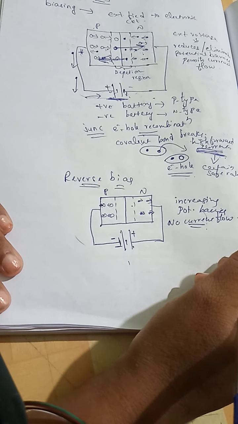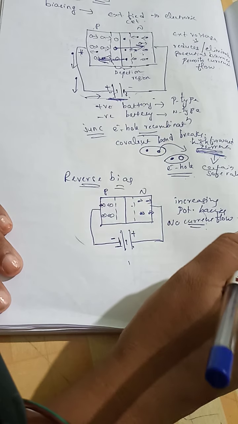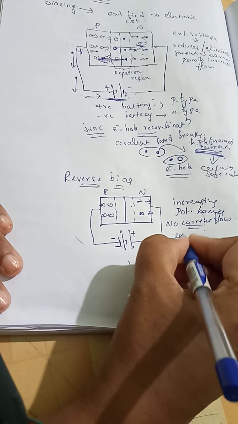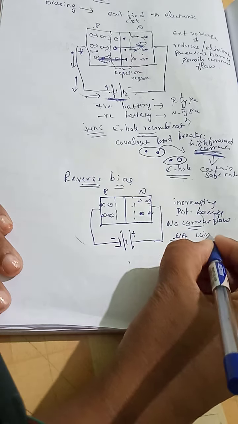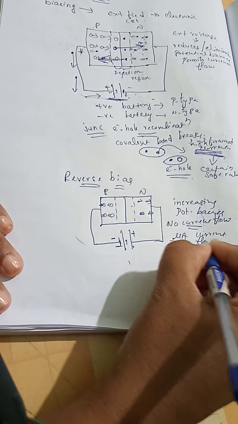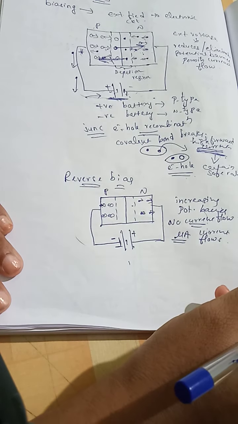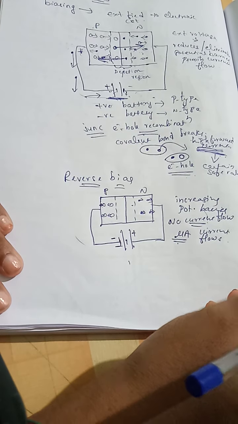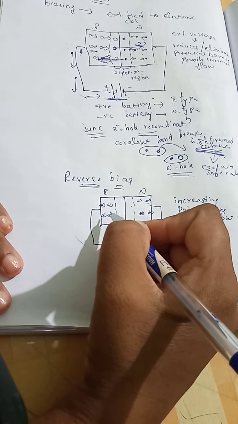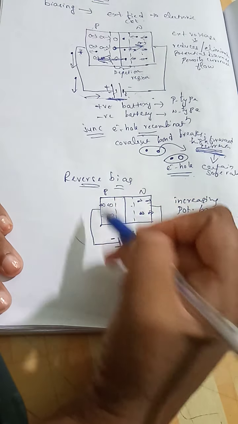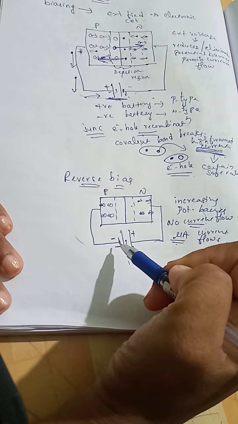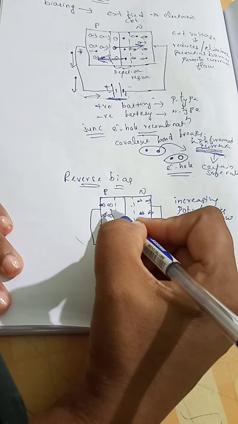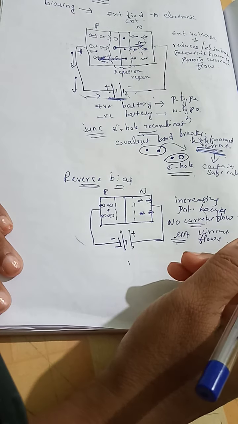But in actual practice, we find some microampere current flowing across the junction. Where is this microampere current coming from? In P, majority carriers are holes attracted towards the negative terminal, but minority carriers are electrons.